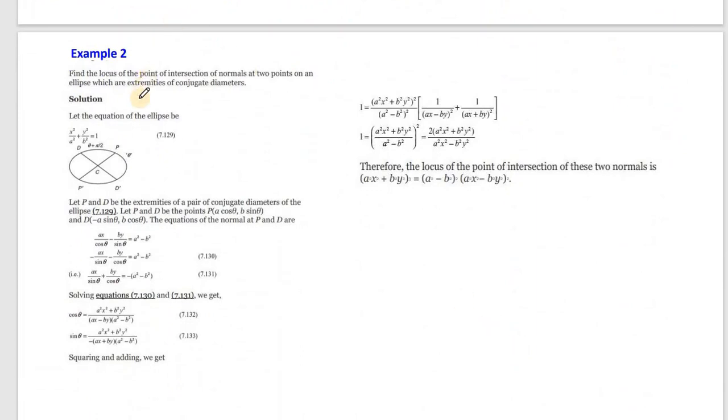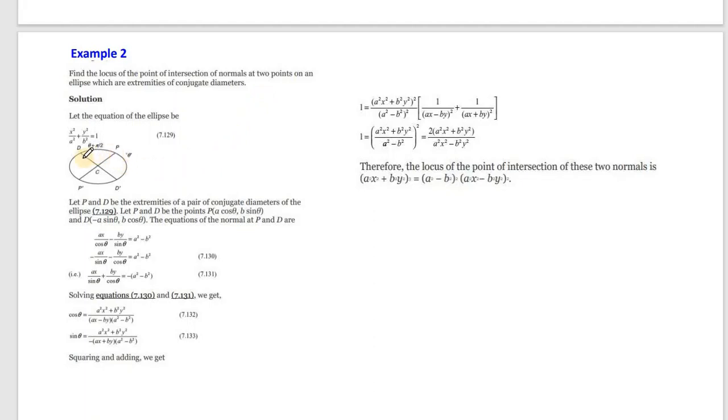Now the next one: find the locus of point of intersection of normals at 2 points on an ellipse which are extremities of conjugate diameters. So let us say again, find the locus of point of intersection of normals at 2 points on an ellipse which are extremities of conjugate diameters.